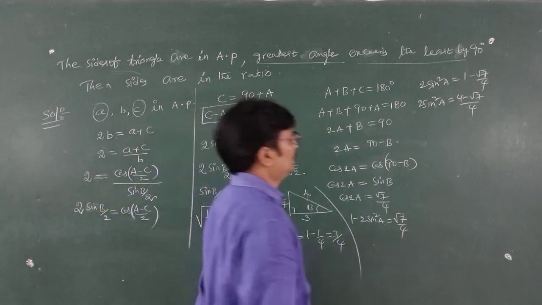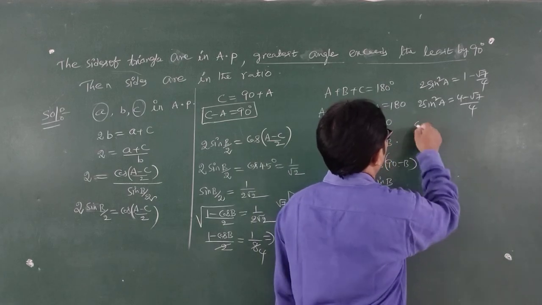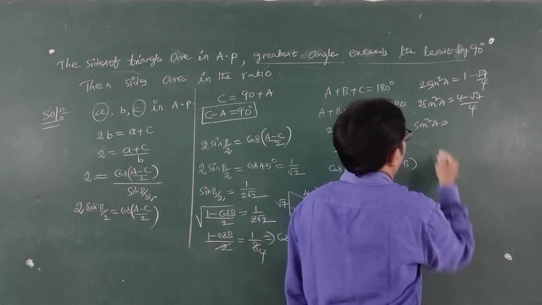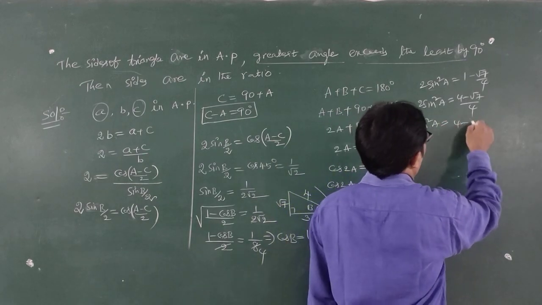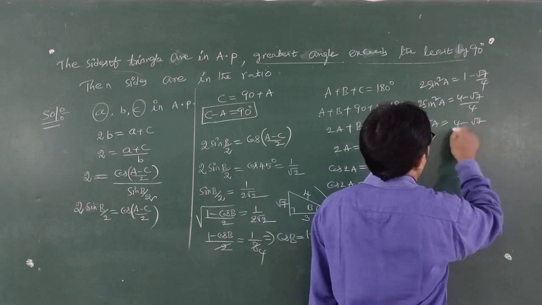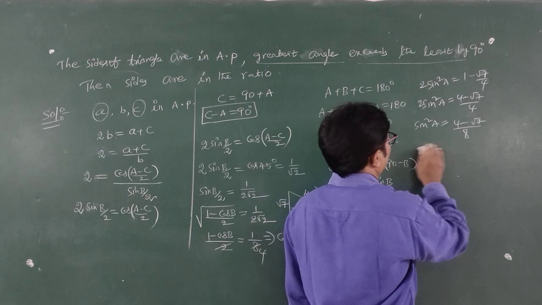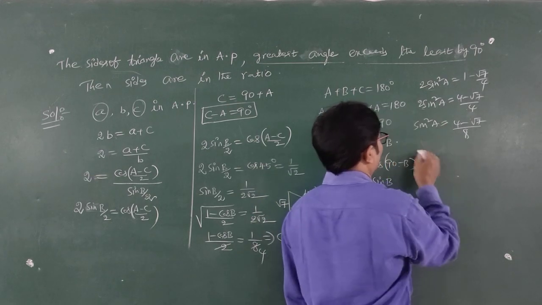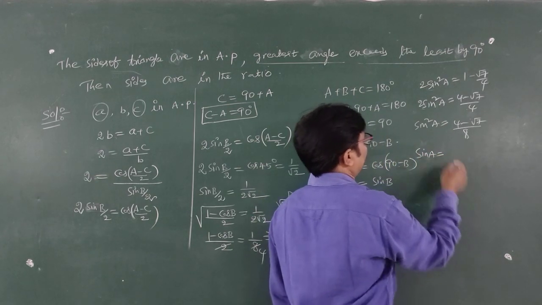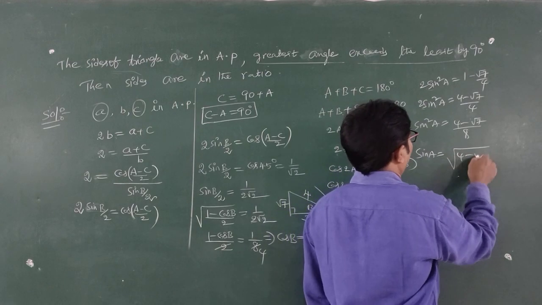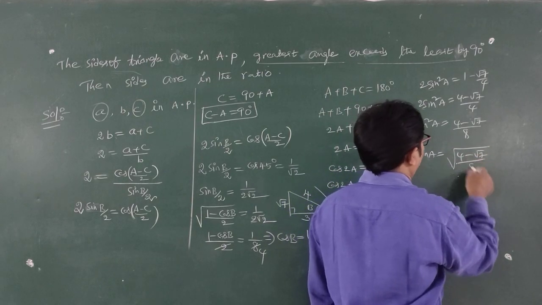Now sin square A equals (4 minus root 7) by 8. After that, sin A is the root of (4 minus root 7) by 8.